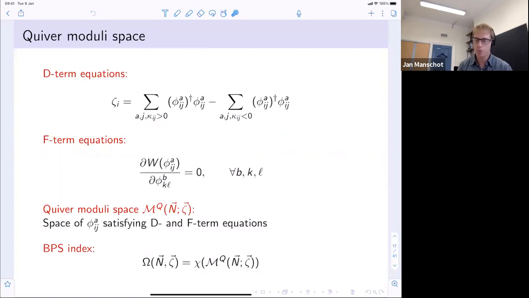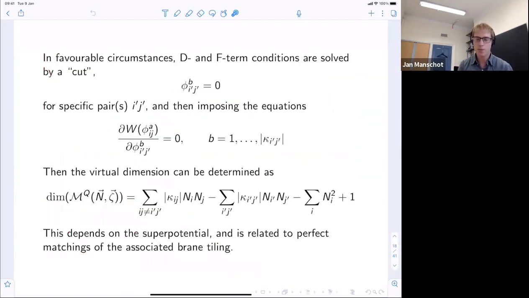So the only ones which will be left to impose are the derivatives corresponding to the maps which have been set to 0. And in this way, one can determine the virtual dimension of the moduli space. One considers all the maps which are not set to 0, and then one subtracts the constraints due to imposing the superpotential, and then there's a gauge invariance, a U(1) which is always there. Okay, so whether this can be done and how it is done is related to perfect matchings and brane tilings.